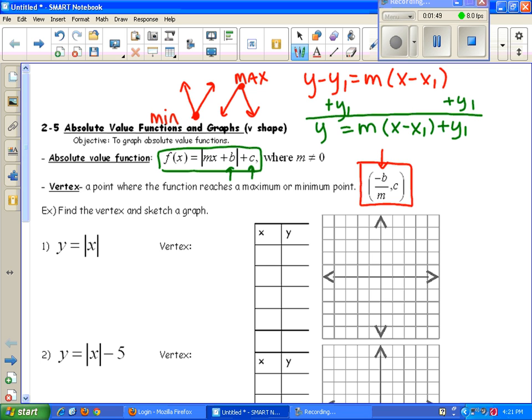When I'm graphing these, I like to follow a couple of steps. The first step, I first plot the vertex, so find and plot the vertex.